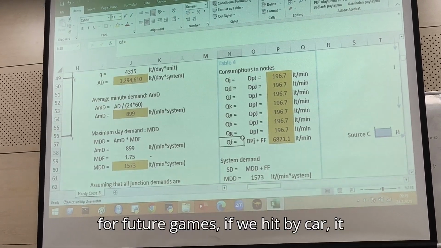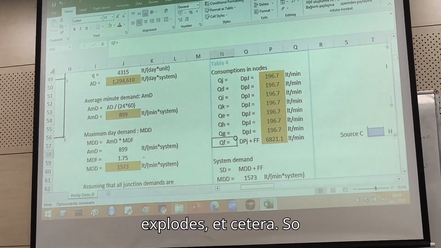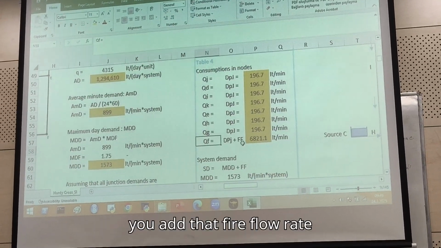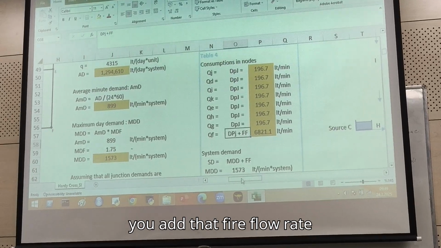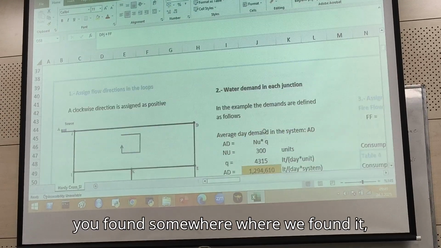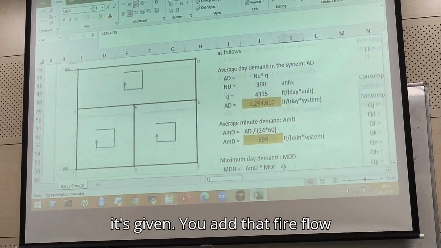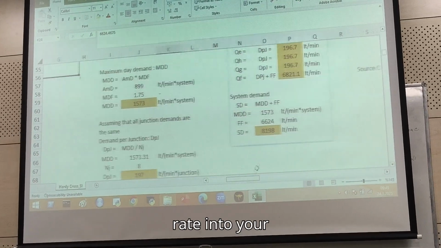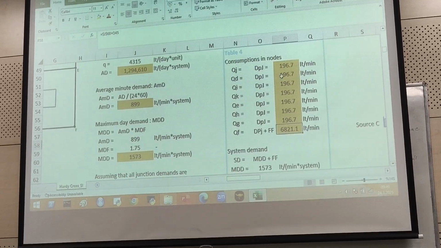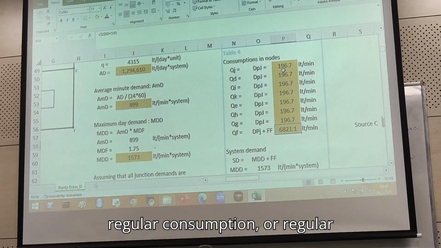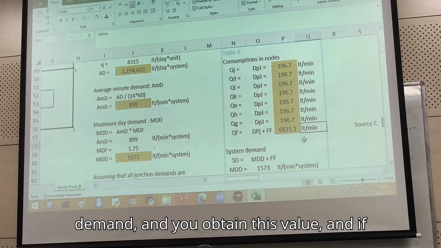In computer games, if you hit it by car, it explodes, etc. So you add that fire flow rate, which is given, into your regular demand, and you obtain this value.